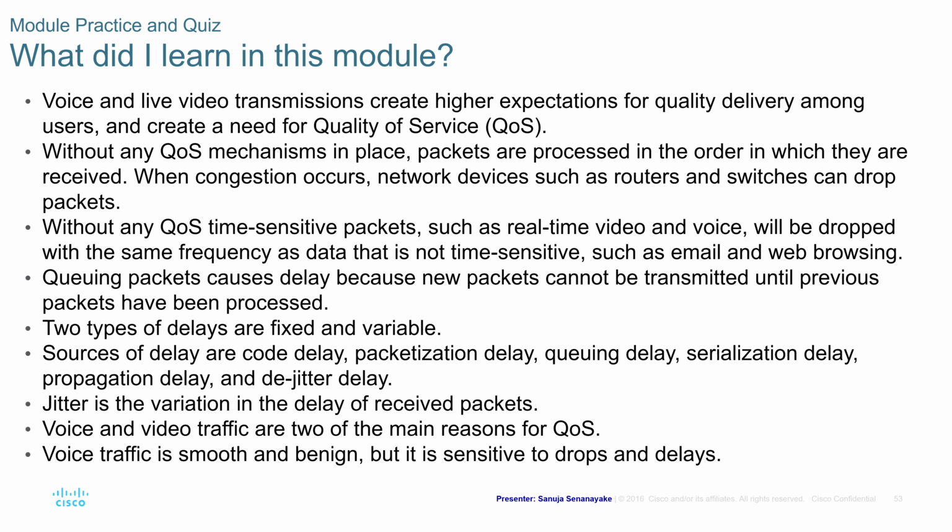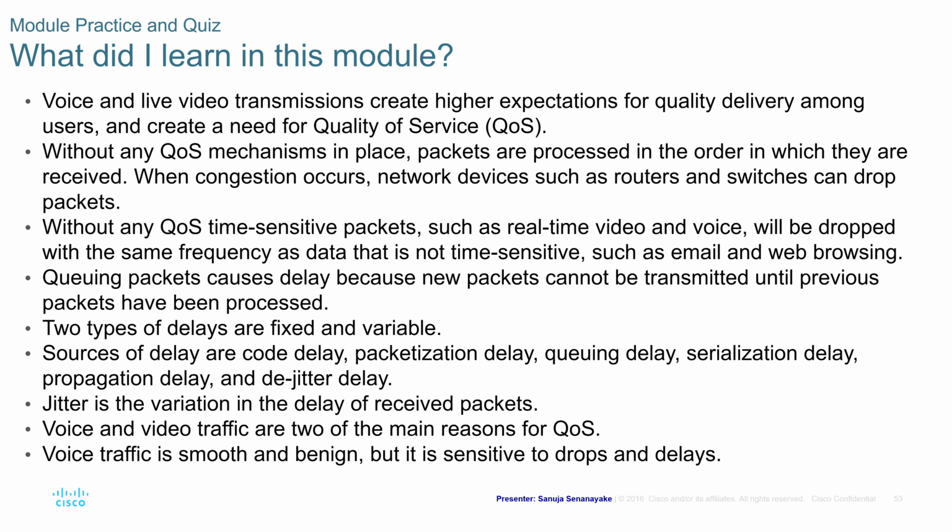Sources of delay are code delays, packetization delays, queuing delays, serialization delays, propagation delay, and de-jitter delay. Please make sure you know what these are and how they are different from each other. Jitter is the variation in the delay of received packets. And we learned voice and video traffic are two of the main sources for QoS.